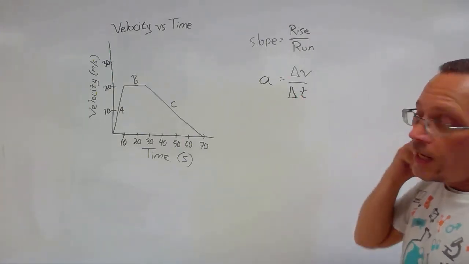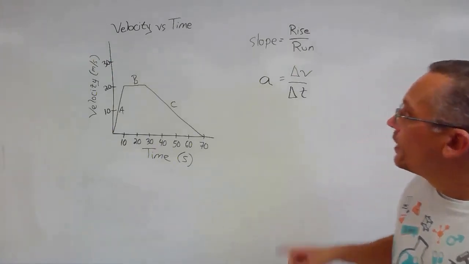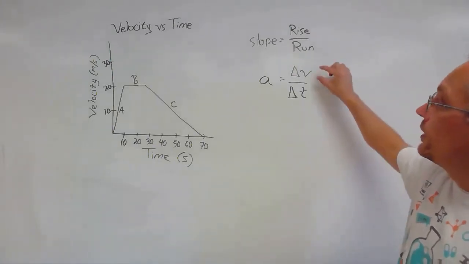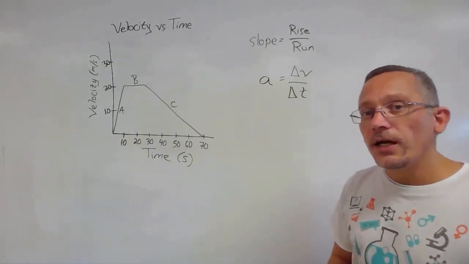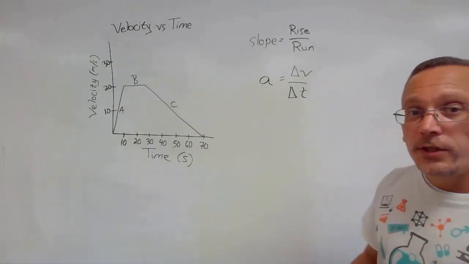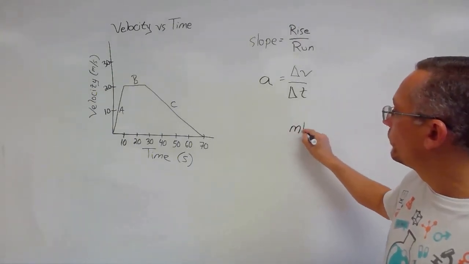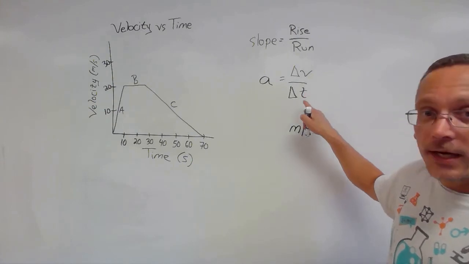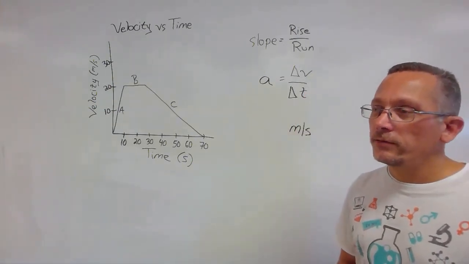with this equation. Now let's think about the units for acceleration for a minute here. We've got delta v, velocity. What unit is velocity measured in? It's measured in meters per second. And then on the bottom here, we've got time. What units is time measured in?